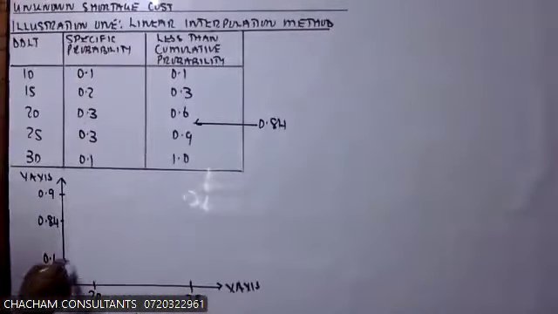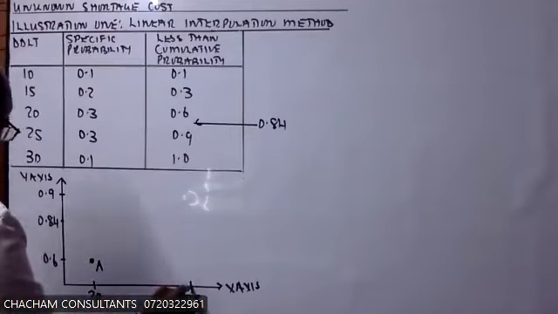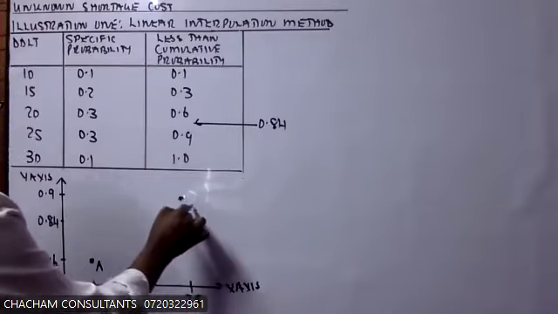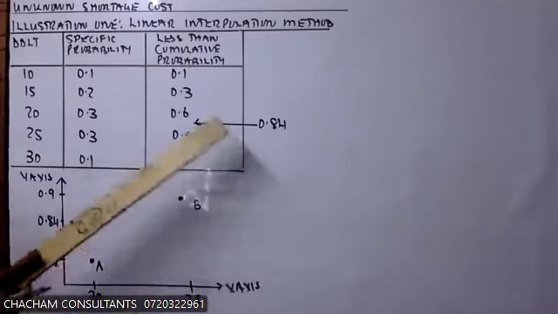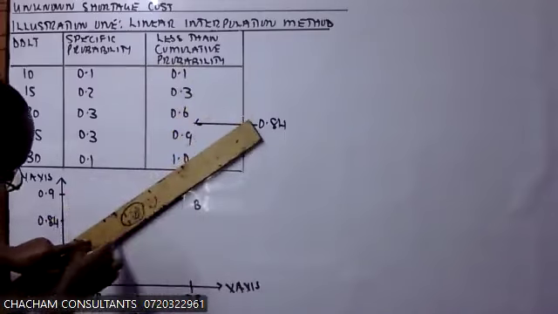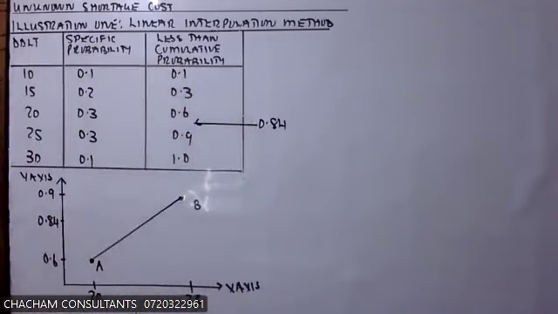So here 60 and 20, this one, you can call it point A. This one, 25 and 90, here, you can call it B. Then you connect them like this, using a straight line, that way.